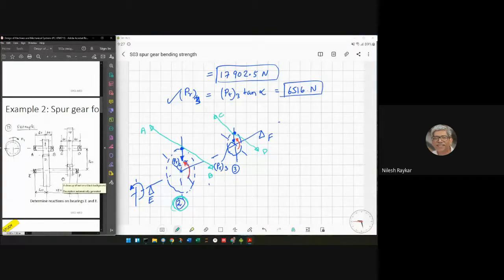So first, it is a driven gear, so the tangential force acting on the driven gear is in the direction of motion. The direction of motion is as shown here, which will make the force on this particular gear, PT2, in the direction A and not in direction B.